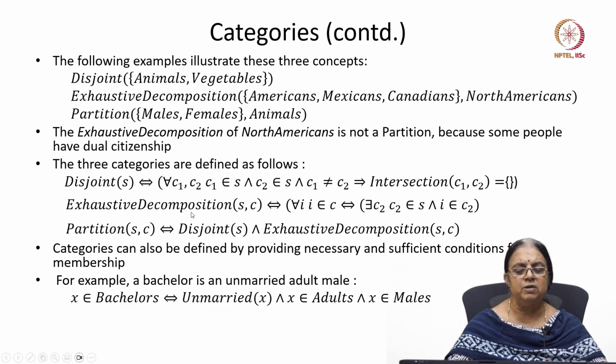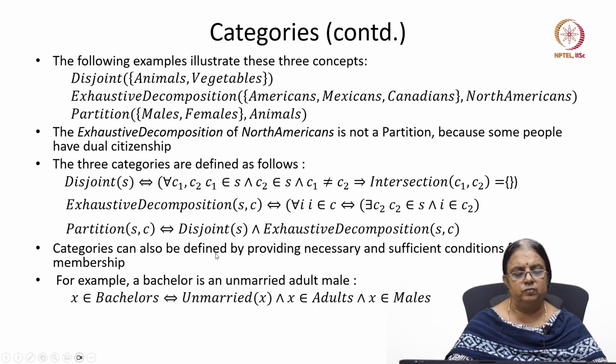And when you come to exhaustive decomposition, you are saying ExhaustiveDecomposition(S, C): for all i, i belongs to C if and only if there exists some C2 such that C2 belongs to S and i belongs to C2. So it has to belong to one of those subcategories, and a partition is when both are true.